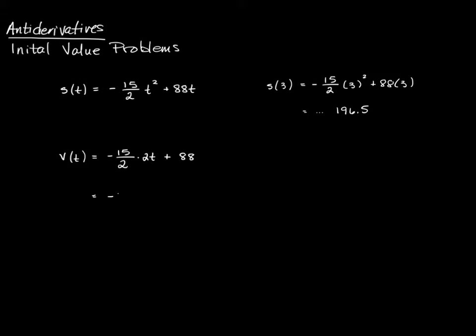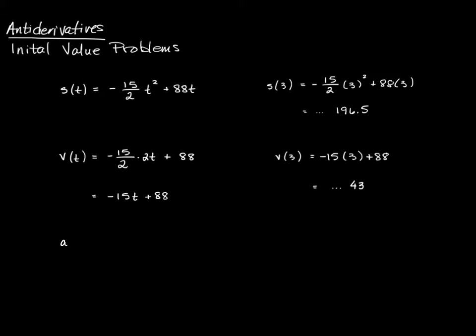This simplifies to negative 15t plus 88. If we want to know how fast the particle is going at 3 seconds, we plug 3 into the velocity function. The particle is traveling at 43 units per second, 3 seconds after it starts.